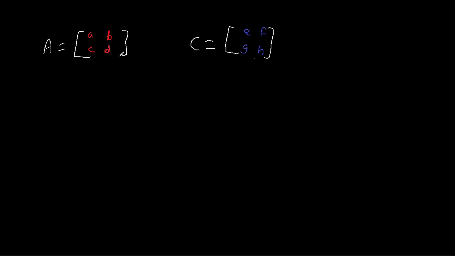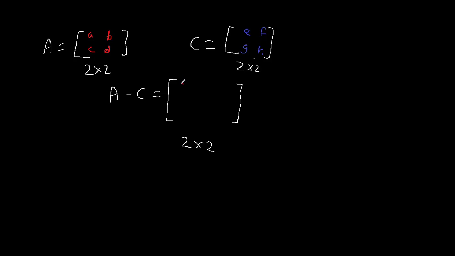So, how would A minus C look conceptually? Just like with addition, these are 2 by 2, 2 rows by 2 columns. We know our result has to be 2 by 2 because we don't change dimensions and they have to have the same dimensions. But what goes in each of the elements?